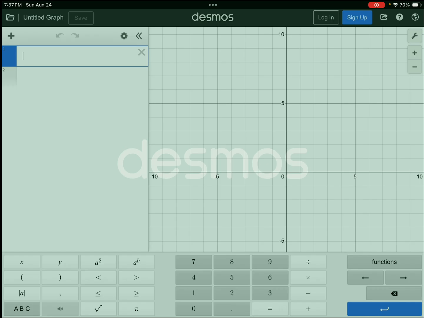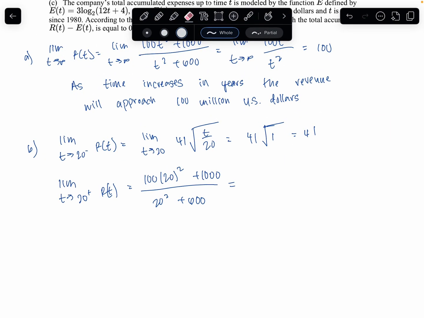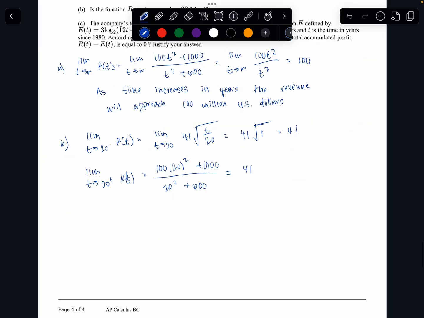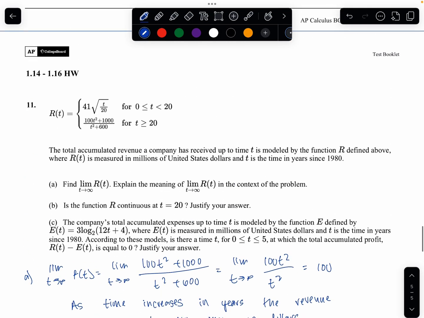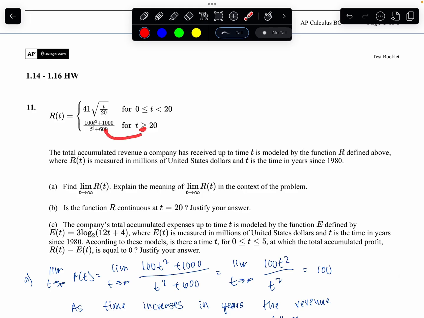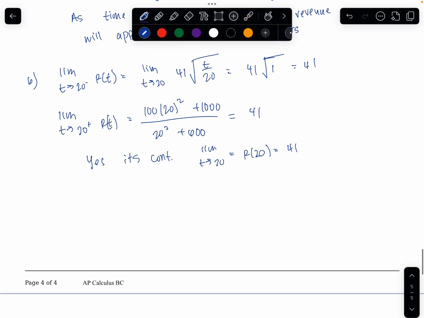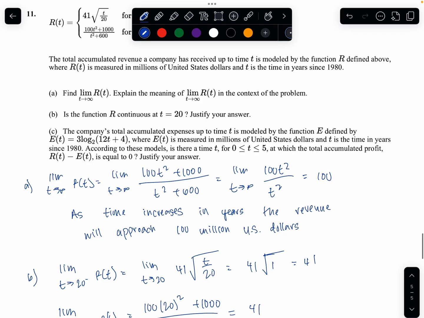And you get 41. So yes, it's continuous. As far as the justification, I would say that the limit as t approaches 20 is equal to r of 20, which is equal to 41. Either way, it's going to be 41.